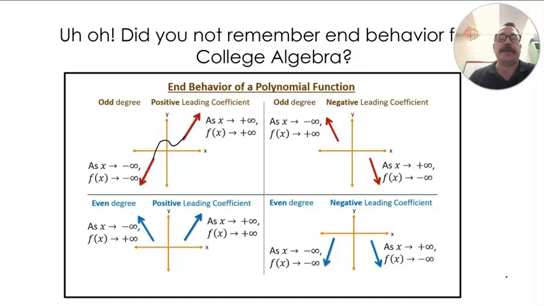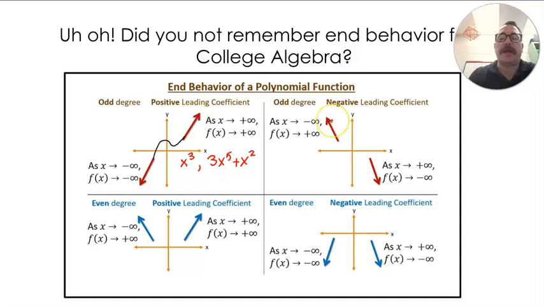So if you have an odd degree polynomial with a positive leading coefficient, some examples of that might be x cubed, 3x to the fifth plus x squared, anything like that. Your graph is going to go down towards negative infinity as x goes to negative infinity. So as your graph moves to the left, your function goes down, and then as your graph moves to the right, your function moves up.